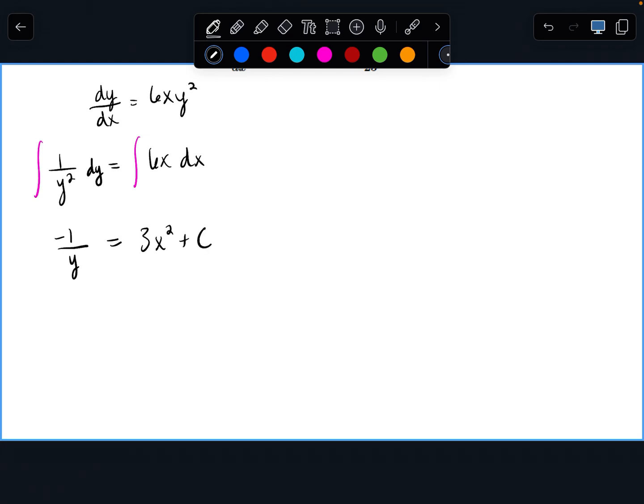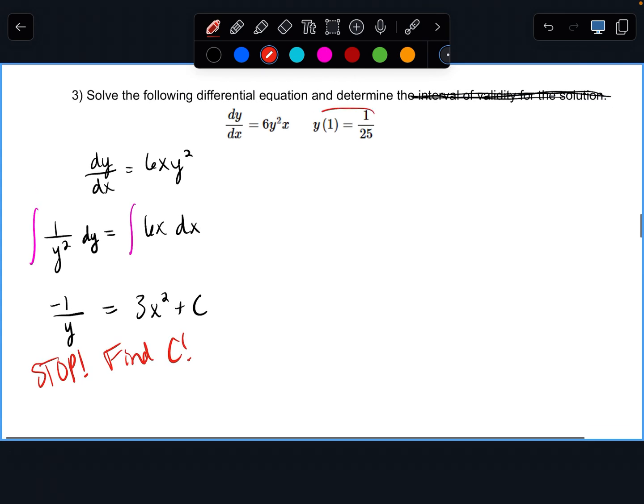And then it's really tempting to do a bunch of stuff, but stop. Find c. Oops, getting too excited. Find c. That's when you go back to your initial condition, and that's how you're going to find your c.